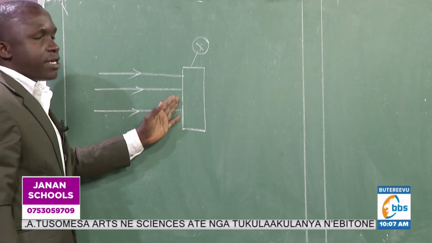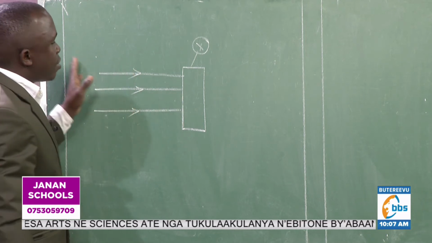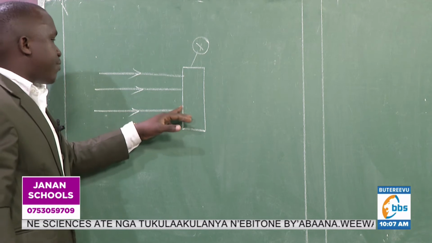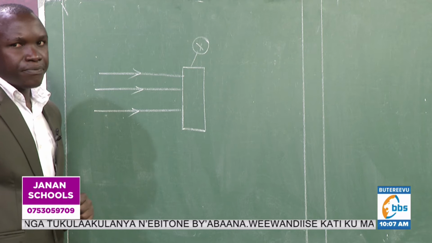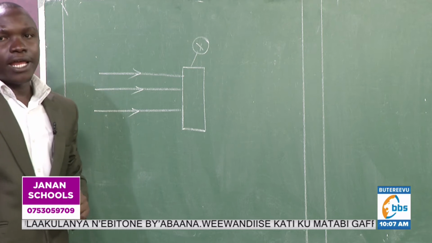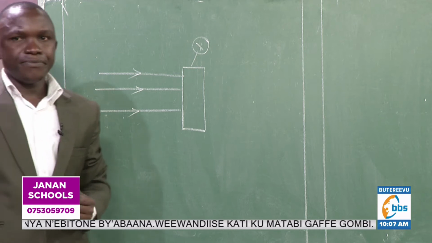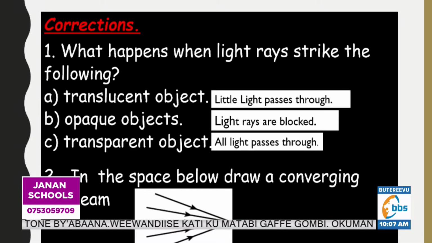I told you what can happen here. Light rays can be dispersed, they can be reflected, depending on the nature of the material. Now, part C, transparent object.